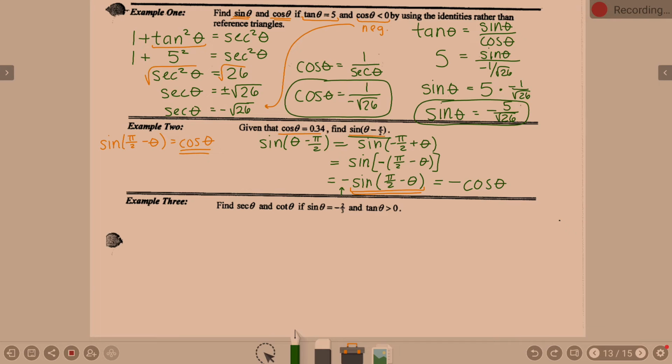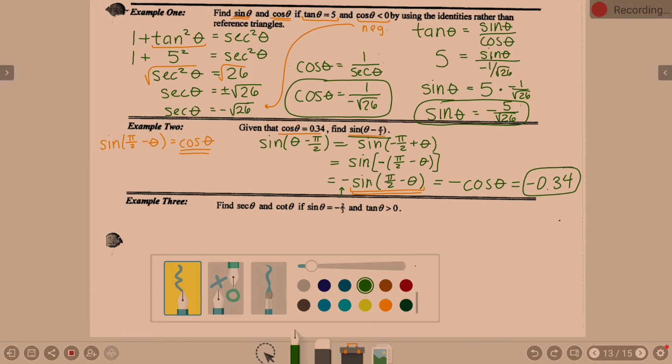And I know, there's easier ways to think through it, but I want to make sure we see the connections. What do we know? Cosine is 0.34, so if this is negative cosine, this is negative 0.34. And that's because we also knew this piece, right?